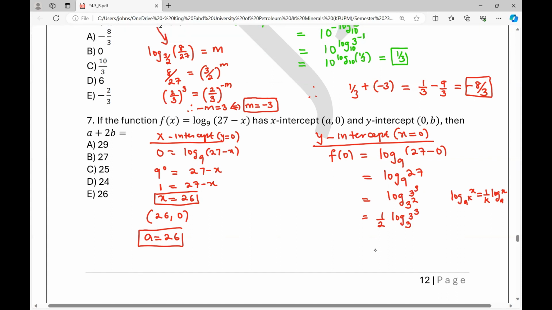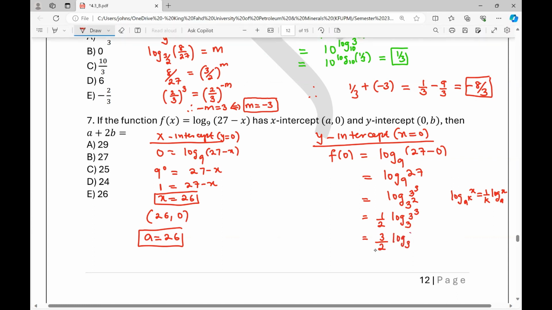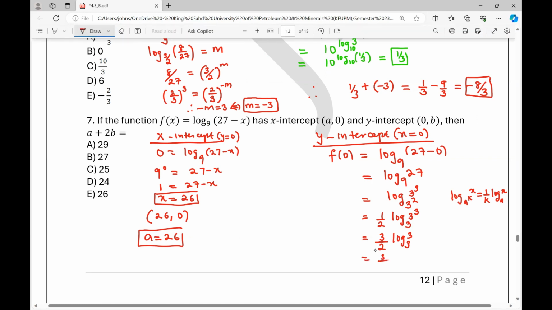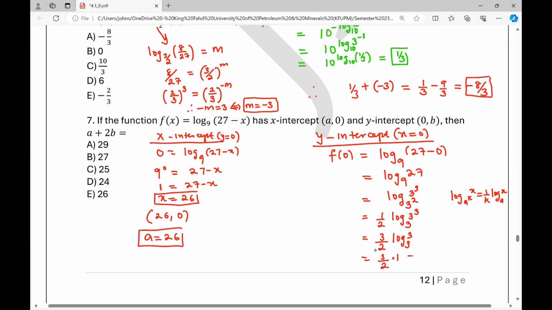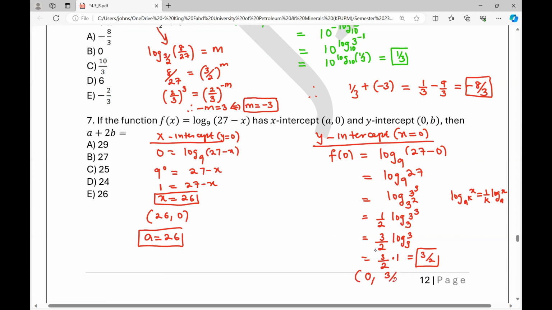All right, so take note. Now I can bring this 3 down. So you have half. The 3 comes down here, becomes 3 over 2. Then you have log base 3 of 3. But we know that log 3 of 3 is 1. So this is 3 over 2 times 1, which is just 3 over 2. Okay? So it means that the y-intercept, when x is 0, y is 3 over 2.